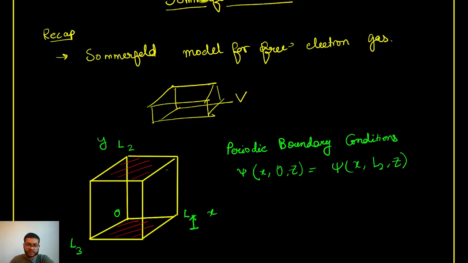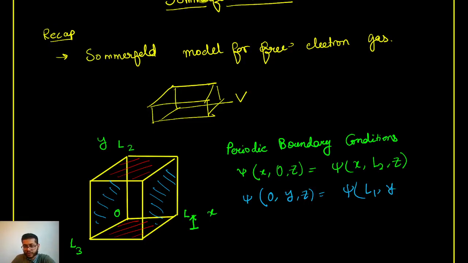There will be another boundary condition which says that the blue boundaries will be equal. Let us write it with blue ink. Now the boundaries are in the yz plane, so psi of 0, y, z equals psi of L1, y, z. That will be another one.